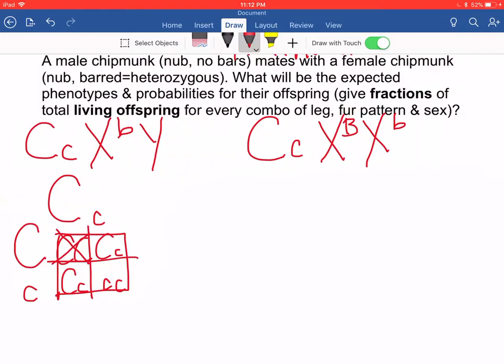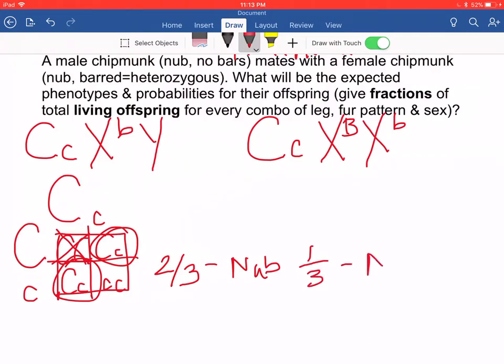And so what we end up with is 2/3 of the individuals are going to have a nub tail. You can see there 1, 2, that's nub. And 1/3 is going to have the normal condition. Okay, 1 out of the 3 right there.